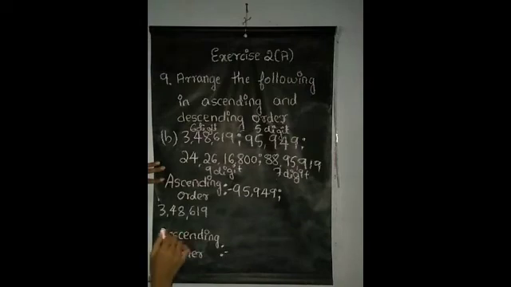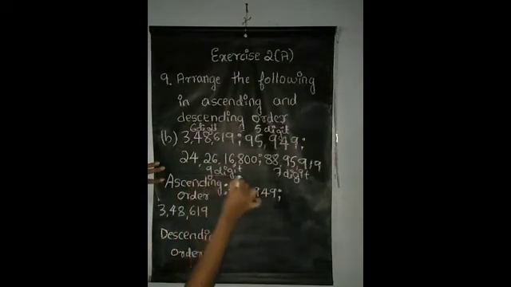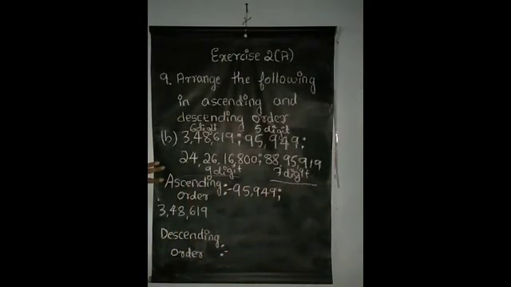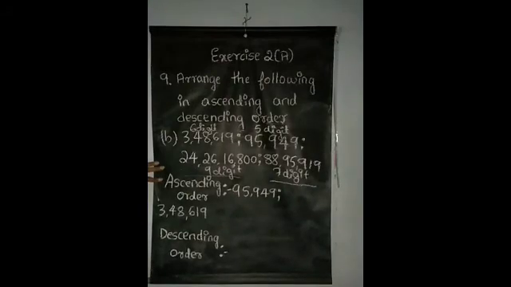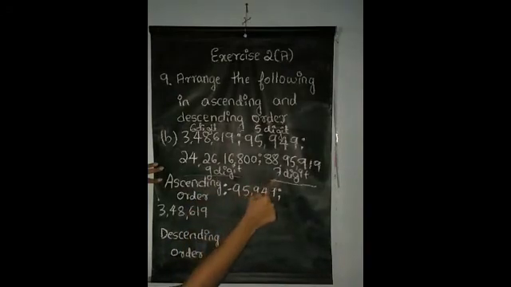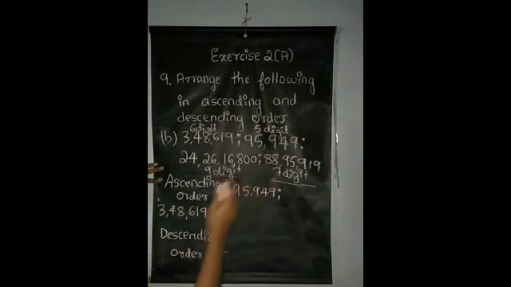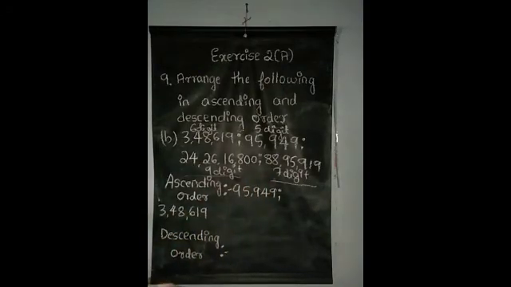Next, how many numbers are remaining? This number and this number. Here this number has 9 digits and this number has 7 digits. If a number has more digits, then that number is the greatest number. So here 9 digit number is greater than 7 digit number. That means 7 digit number is the smaller number.